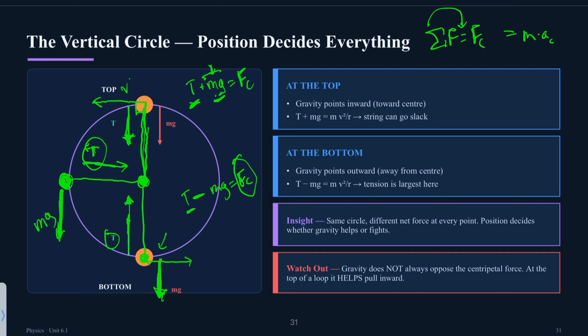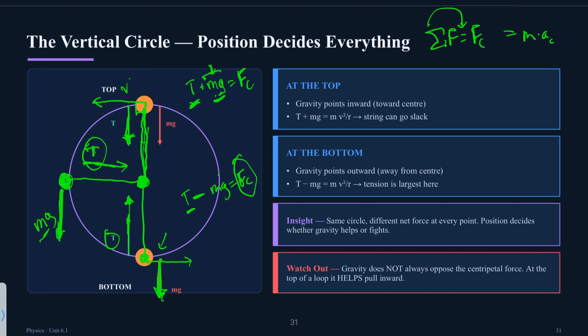And even if I wanted to write an equation for this, I really can't, because tension is the only one pulling us towards our center. This gravity isn't hindering or helping it, right? Because they're in different components here. Tension is horizontal and mg is vertical. So at either of the sides, you don't need to worry about it. At either of the sides, it's just the same.